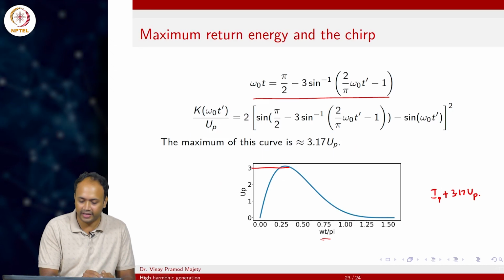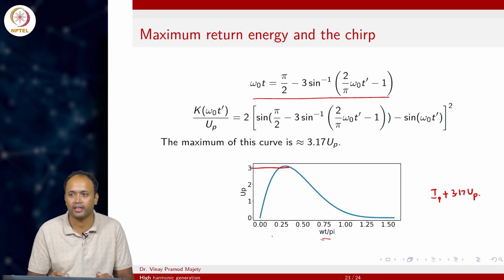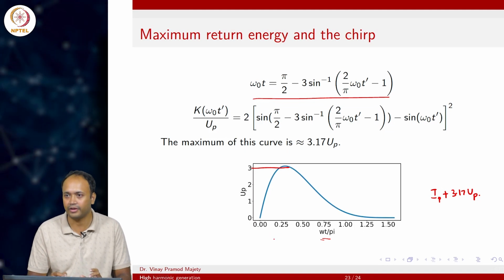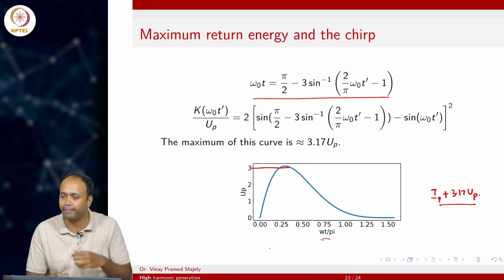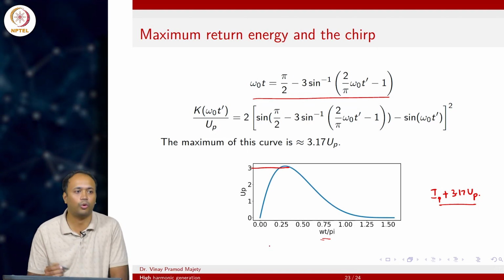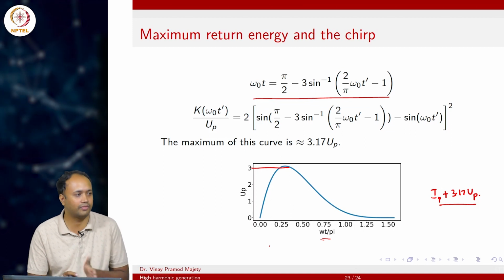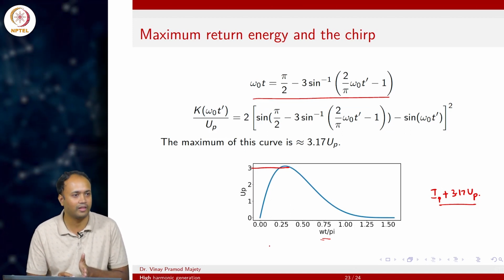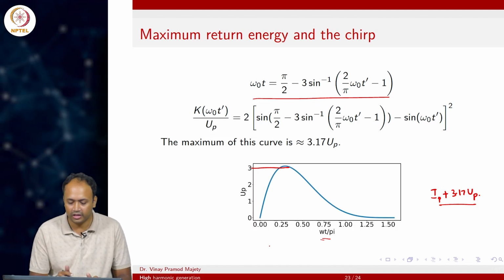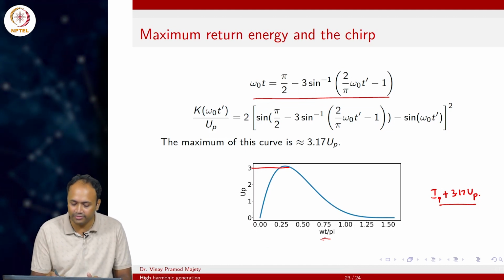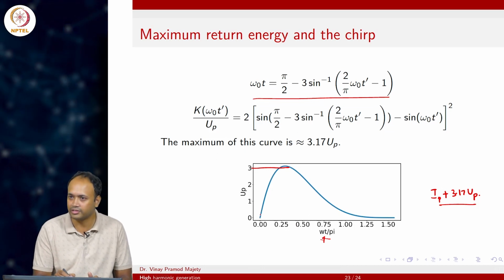So what you see is that there is this cutoff that can be nicely explained using the classical model, right? You see that there is this cutoff, and you also see that the pulse would be chirped. So what is chirp? If I look at the frequency content as a function of time, it's different, and I can define a chirp associated with the laser pulse. Now you see the same thing. As a function of time, the energy associated with the photon is different.